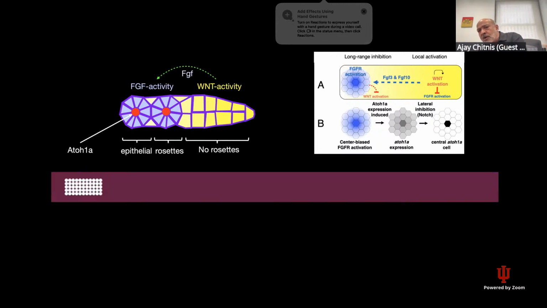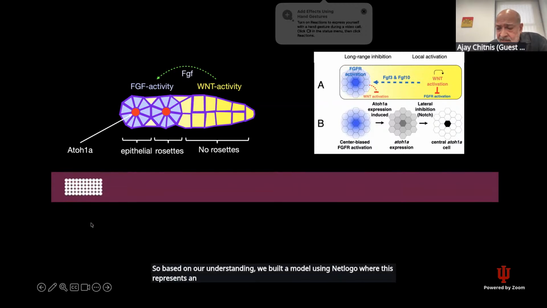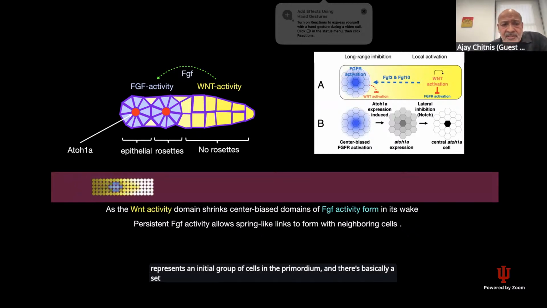So based on our understanding, we built a model using NetLogo, where this represents an initial group of cells in the primordium, and there's basically a set of interactions based on this network that I showed you.